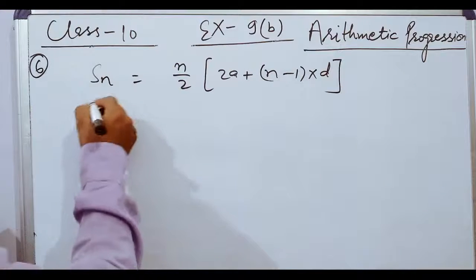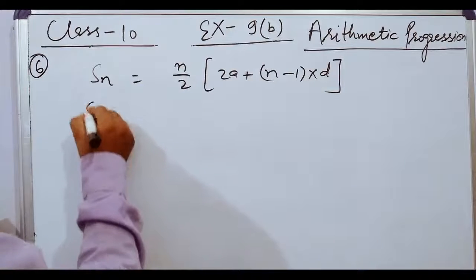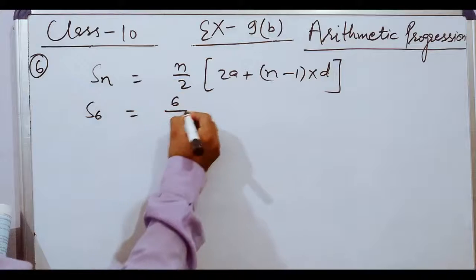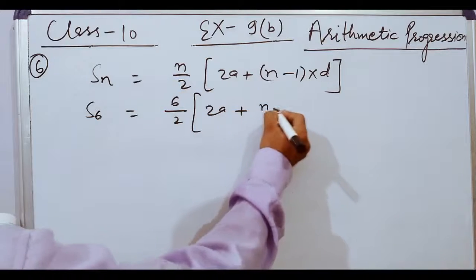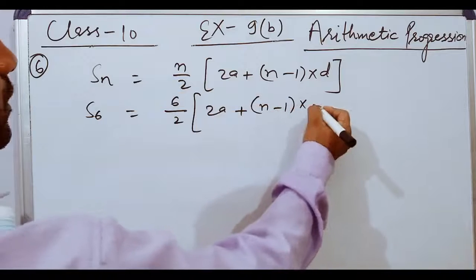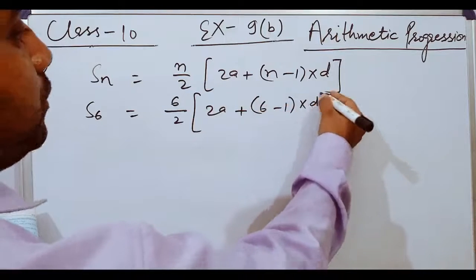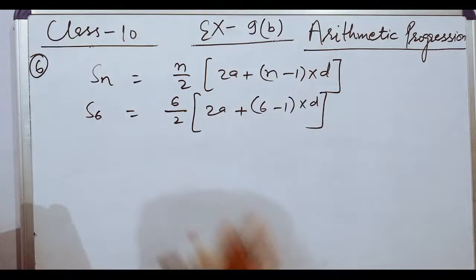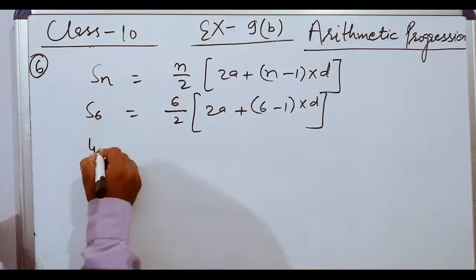So S6 equals 6 upon 2 into 2a plus (6 minus 1) into d. We don't know a and d, we will find a and d. S6 equals 42.